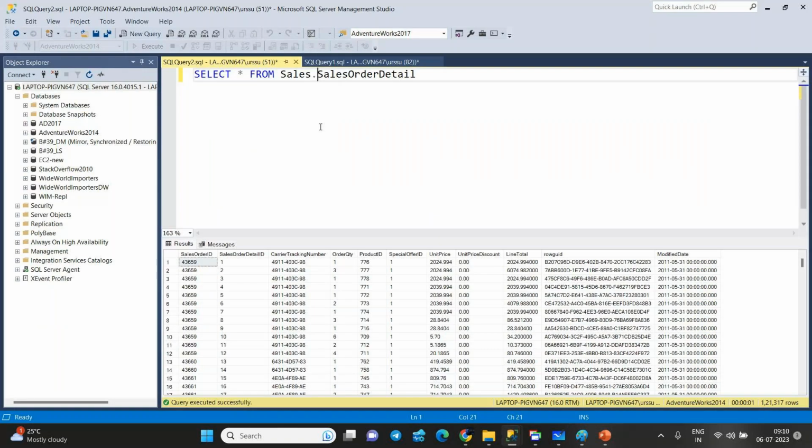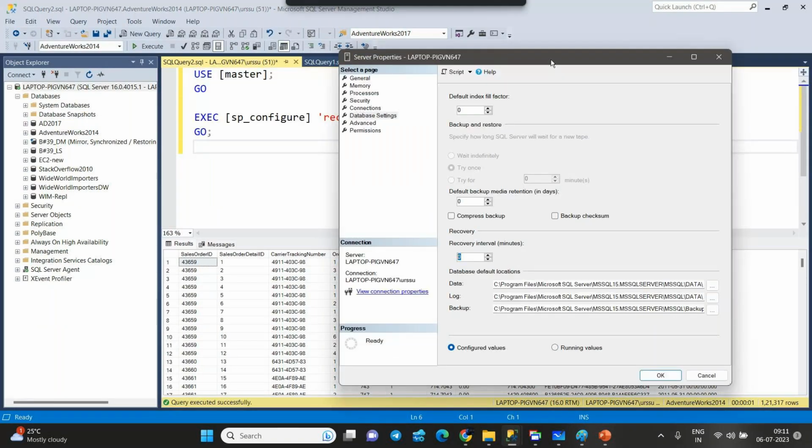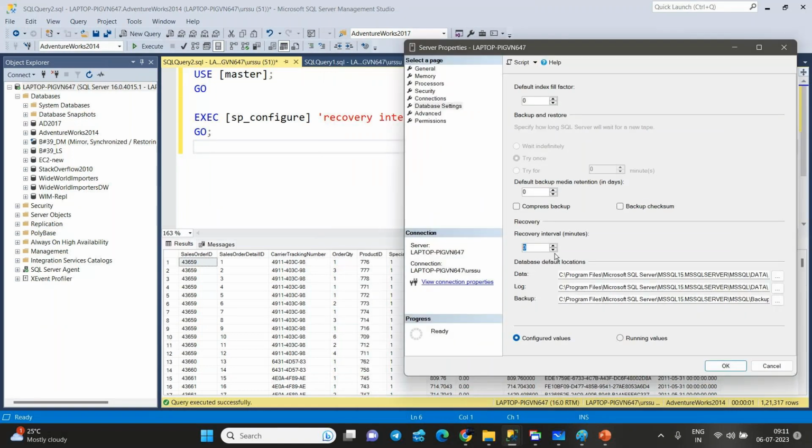That is up to your wish. Either you can change it using sp_configure or with the help of the graphical user interface, but don't change it, sir. I will discuss sp_configure at the end, in a separate session.